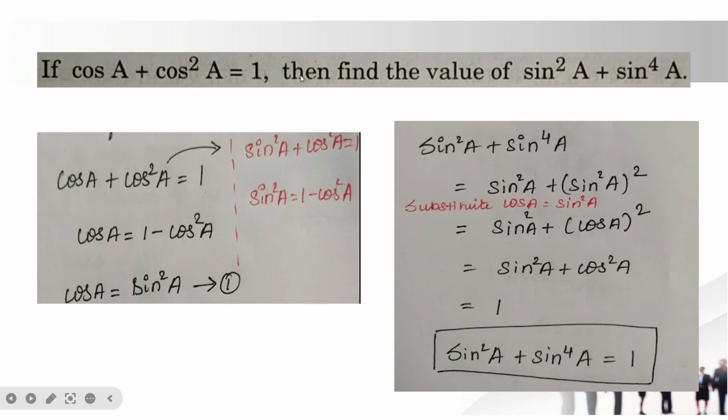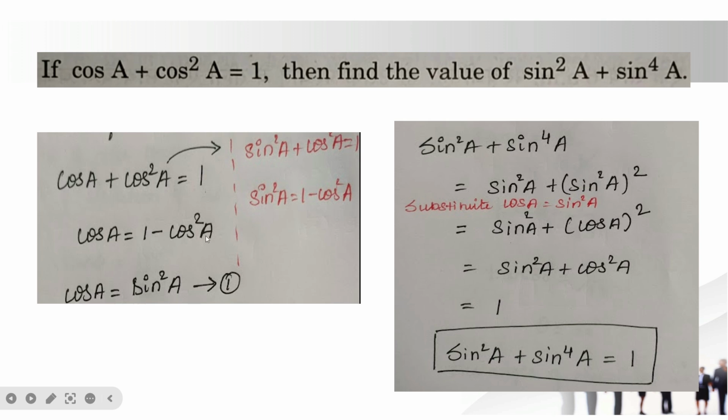No. So first we need to bring this equation in the sine format, then we can substitute and simplify. So cos A plus cos square A equal to 1. Here I am bringing cos square A to that side so that it becomes 1 minus cos square A.